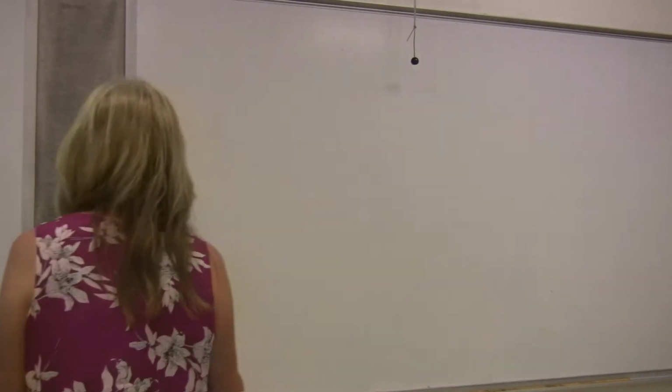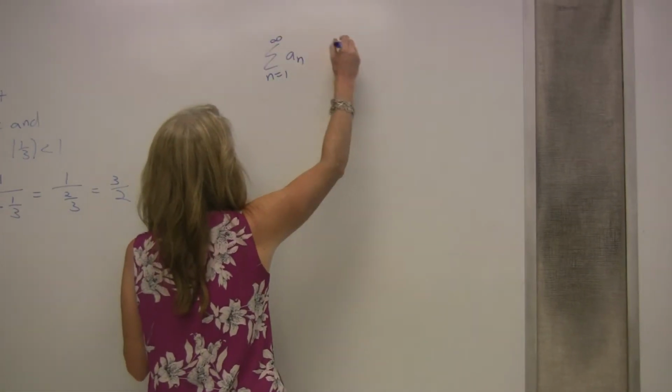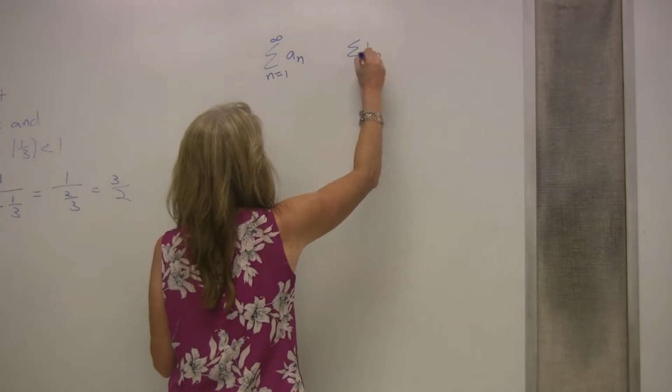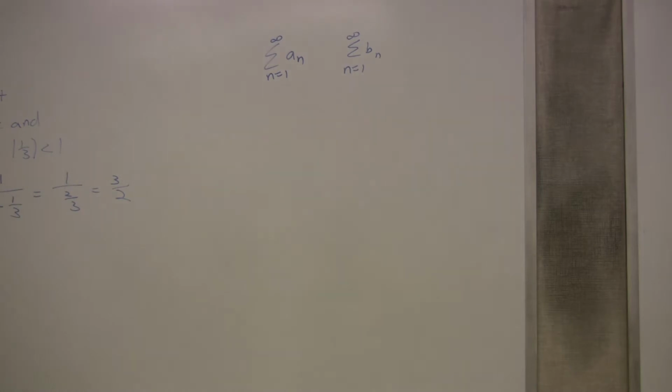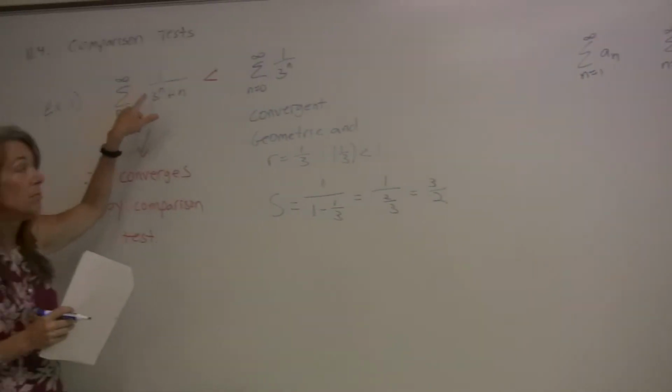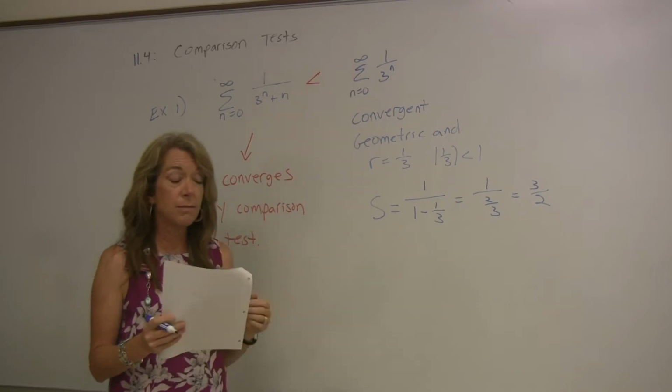It says, suppose you have two series, one's an and one's bn, two different series. So for example here, this might be an and this might be bn. I was talking about two general series.